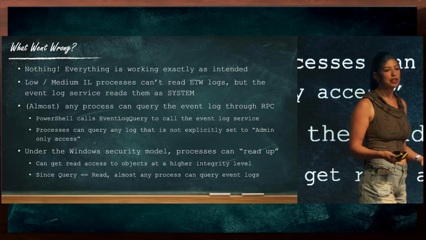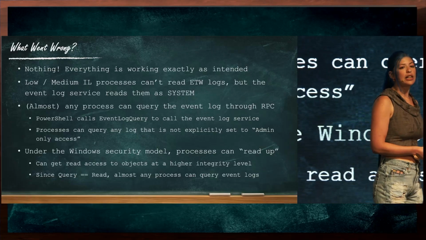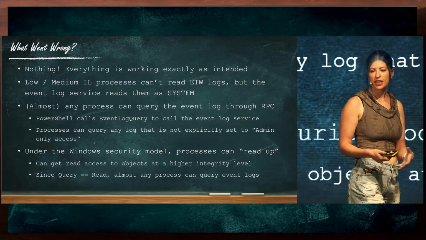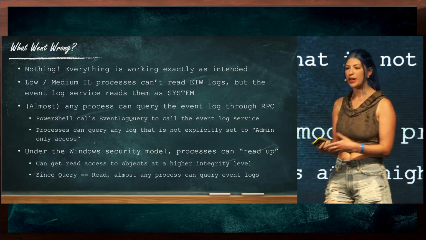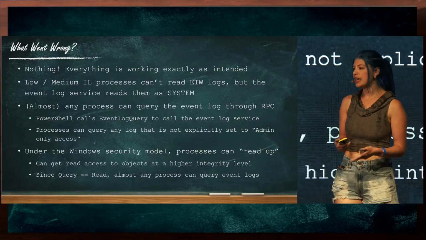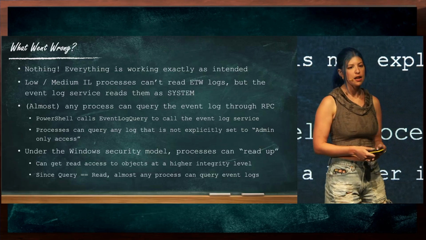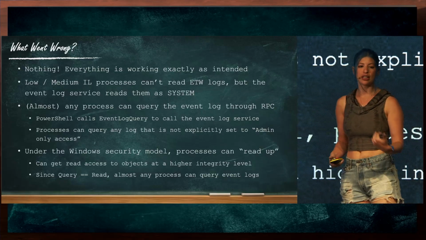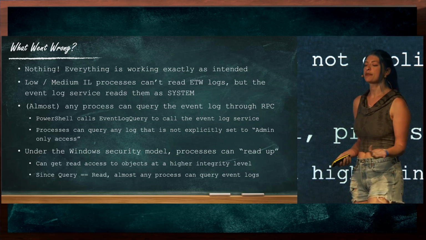It does have an integrity level, but still anyone can query it. That's because query by Windows is declared as equivalent to read. And in Windows, you're allowed to read up, meaning in almost all cases, a process is allowed to read from an object more privileged than itself. The only exception here is processes.